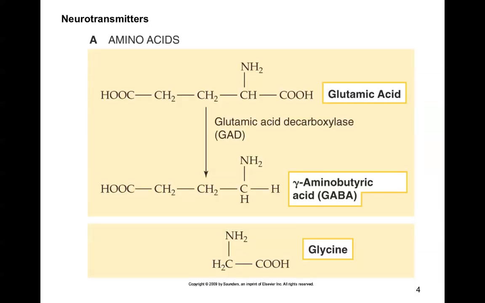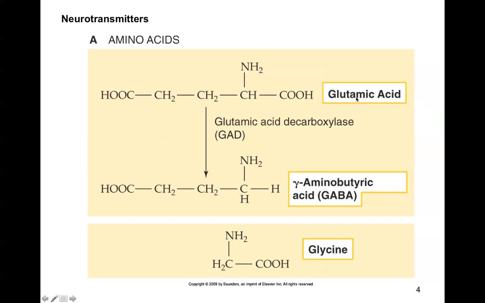Okay, so different categories of neurotransmitters. We have amino acids. Very common amino acid neurotransmitters include glutamic acid, which is basically glutamate.